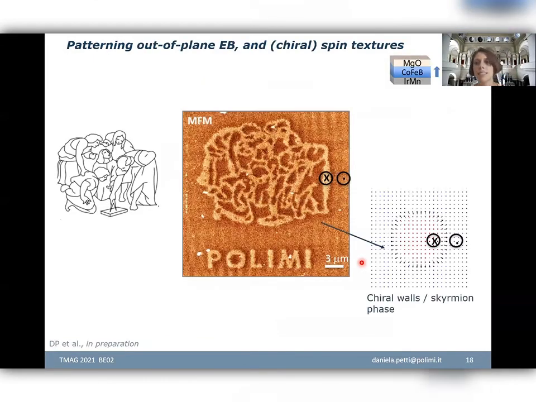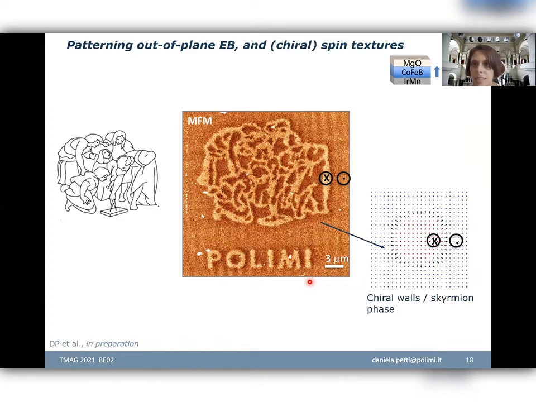And finally, the last system is an out-of-plane exchange bias system. Here is a nice figure of the logo of Politecnico di Milano, in which the MFM white and dark contrast is due to the out-of-plane component of the magnetization.